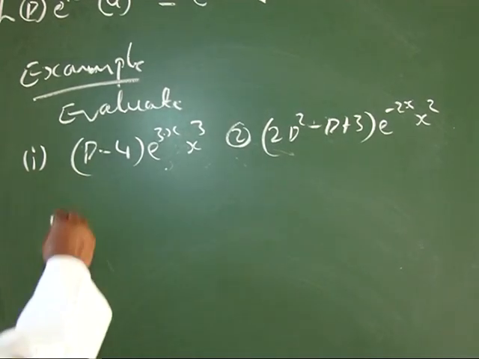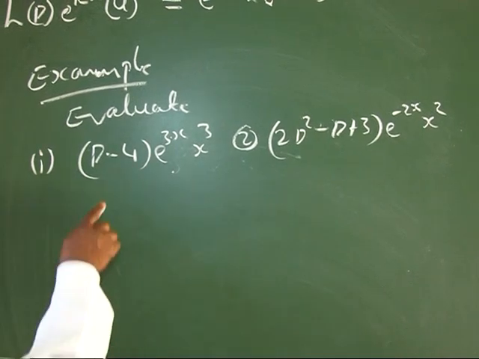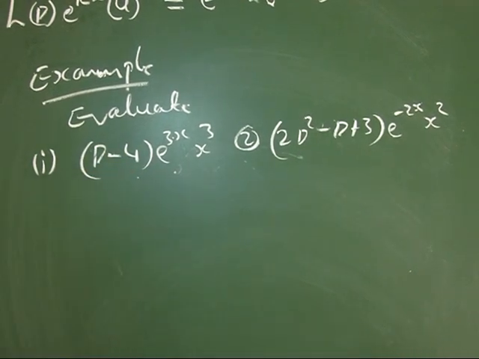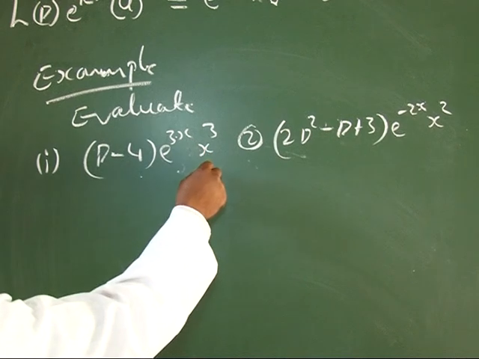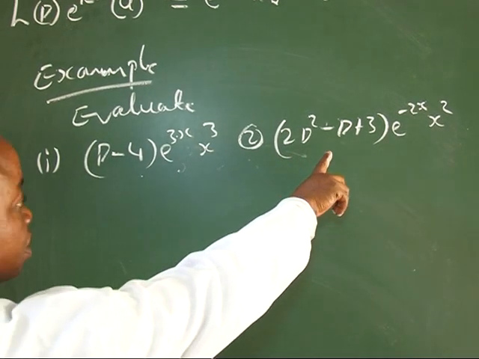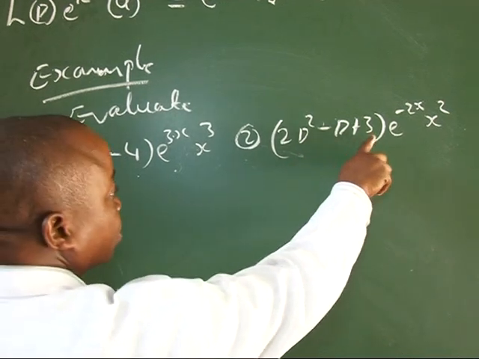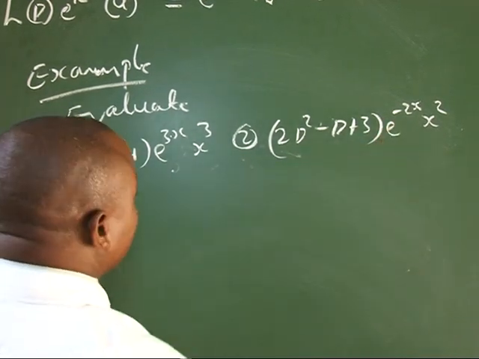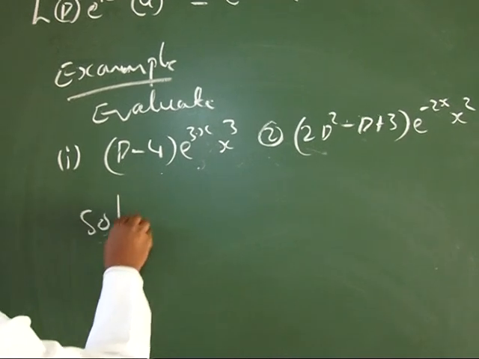Example: evaluate d minus 4 exponential 3x x cubed. Another one, number 2, is 2d squared minus d plus 3 exponential minus 2x x squared. Now let me pick the solution of 1.